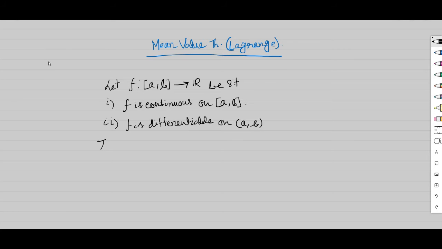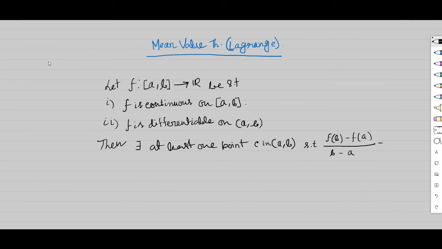Then there exists at least one point c in the open interval (a, b), such that (f(b) minus f(a)) by (b minus a) is equal to f dash c.